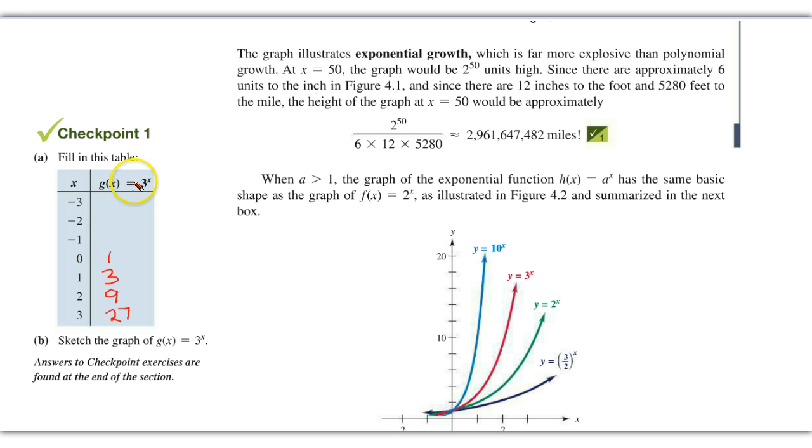Remember, anything to the 0 power is 1. And then now we get reciprocals. This is 1/3, 1/9, and 1/27. So if we were to plot that, and then I like the way they're showing this, here's the one we already did, and then this one would be what we plotted here.